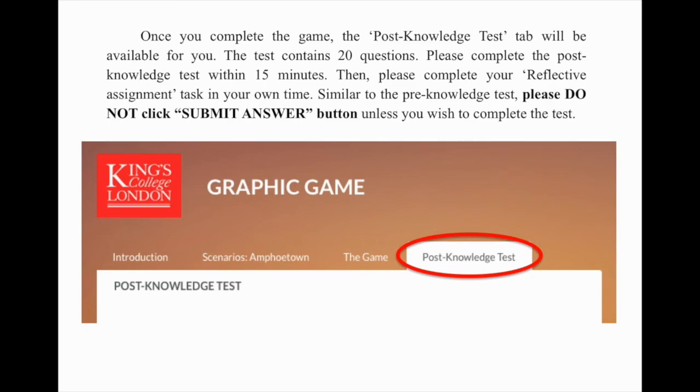The test contains 20 questions. Please complete the Post-Knowledge Test within 15 minutes. Then, please complete your reflective assignment task in your own time. Similar to the Pre-Knowledge Test, please do not click the Submit Answer button unless you wish to complete the test.